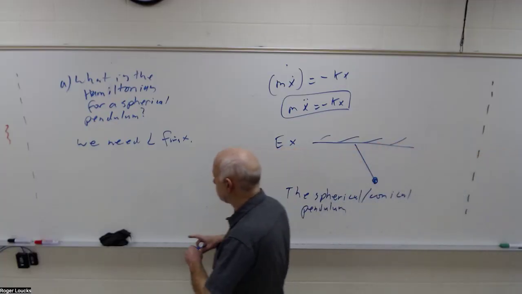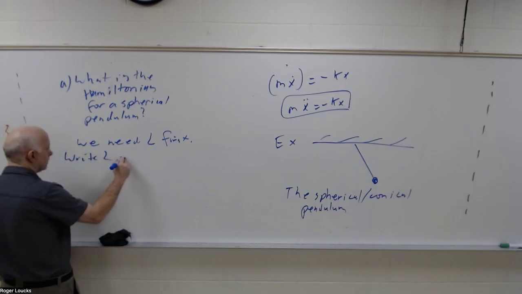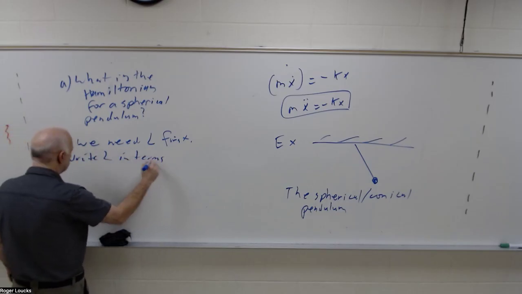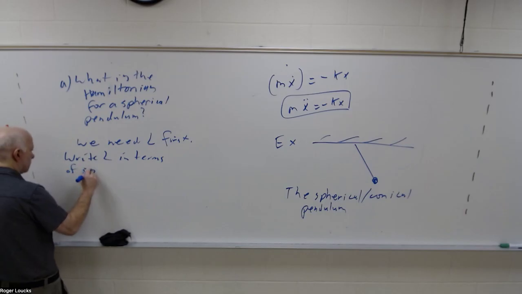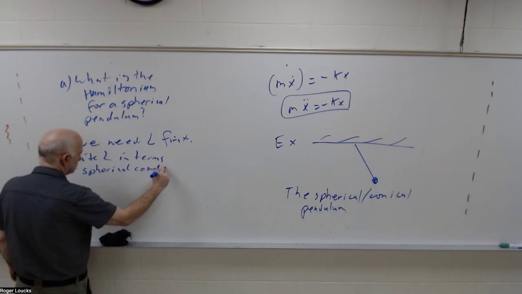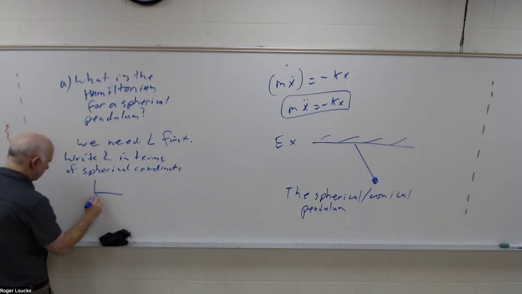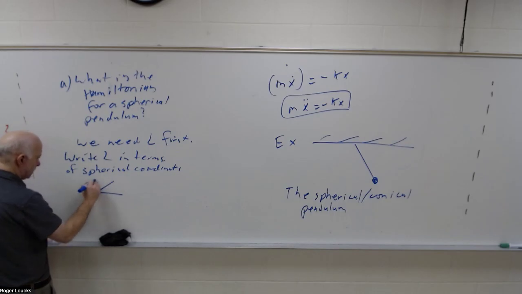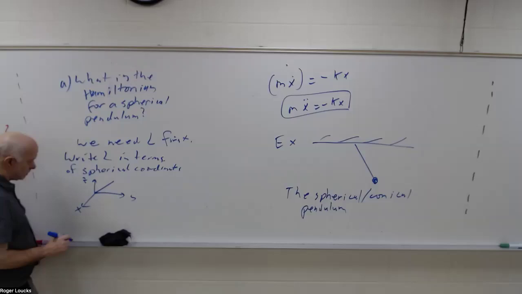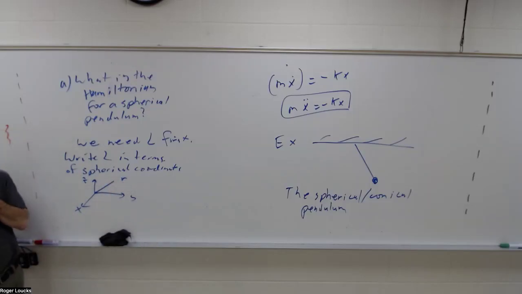So what we're going to do is write L in terms of spherical coordinates. Let's do a little overview of our spherical coordinates here. This is R. What are our other spherical coordinates?